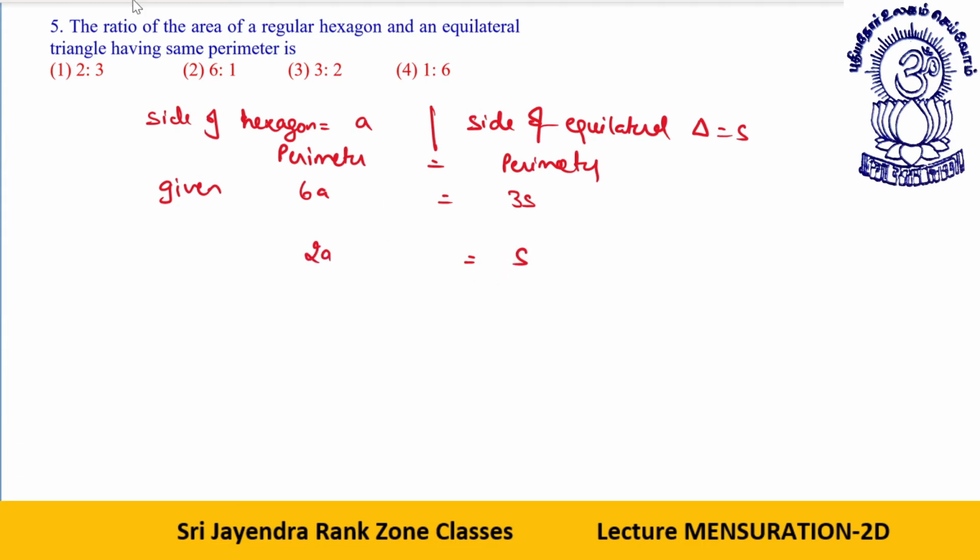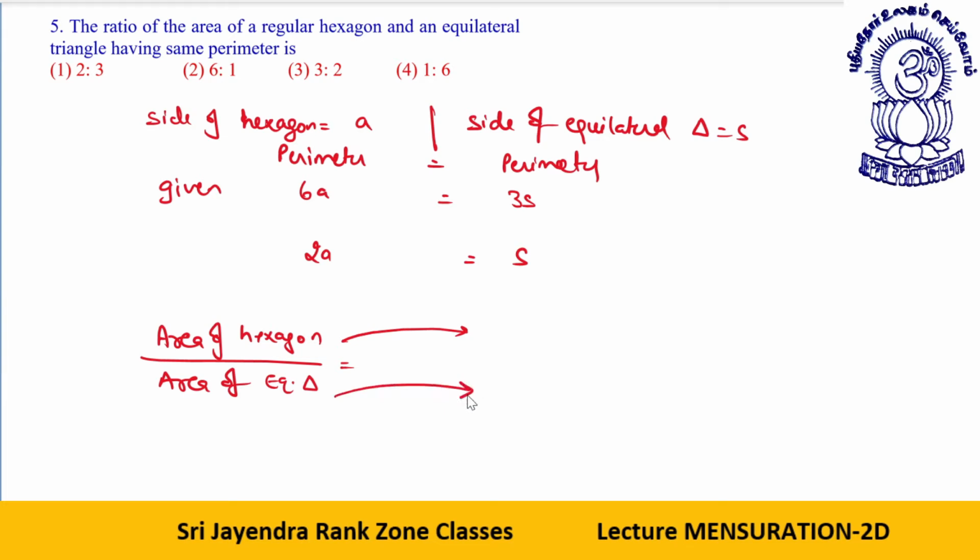Fine. The ratio of area of hexagon upon area of equilateral triangle.